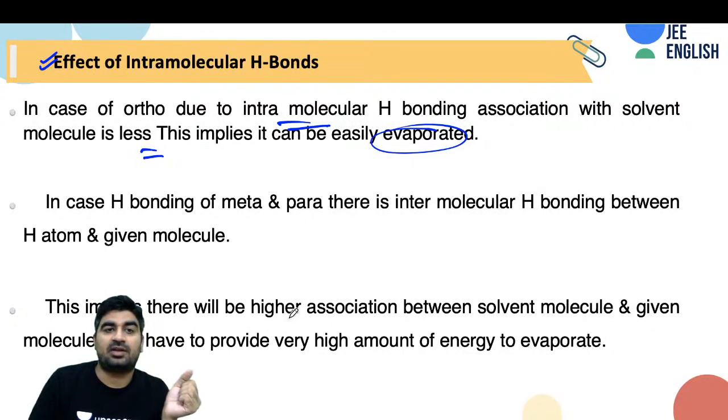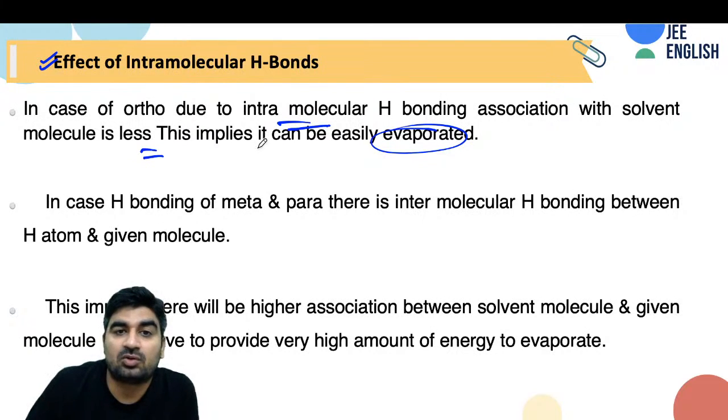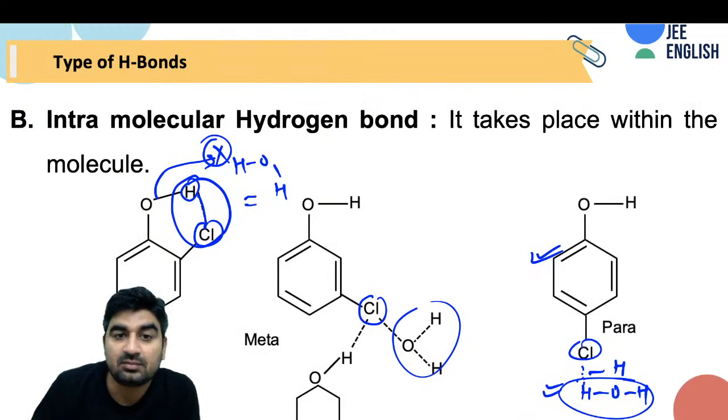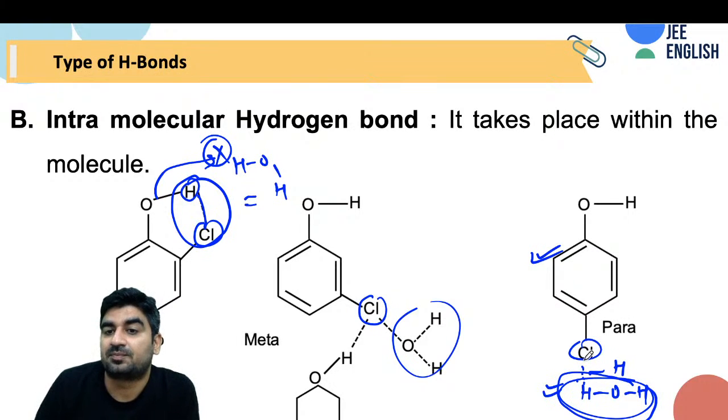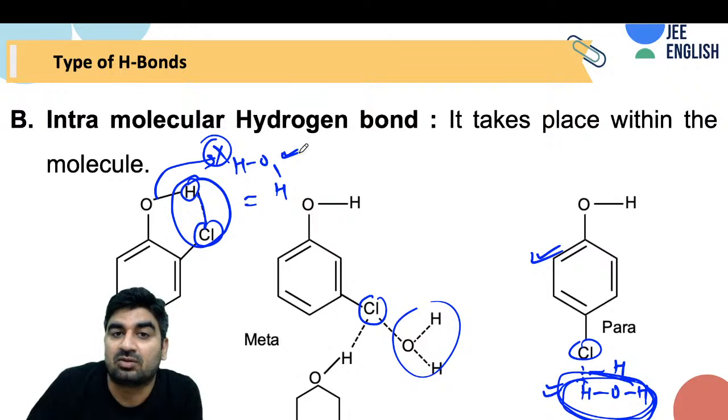So just a minute, I will take up your question. In case of ortho, I've told you the solubility will be decreased due to intramolecular hydrogen bonding. And there is one more point, because it is not properly solvated with the solvent. In this case, it is properly combining with the solvent, but in this case, it is not properly combining with the solvent.